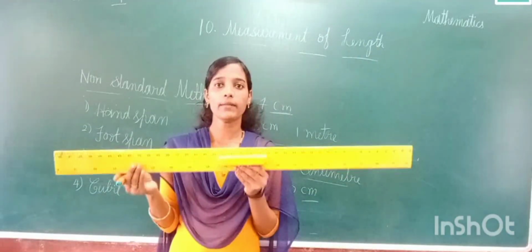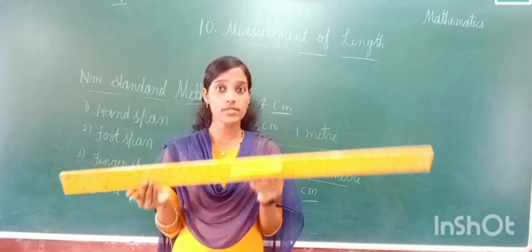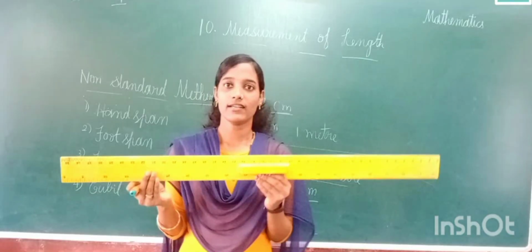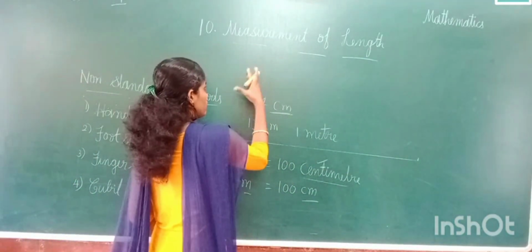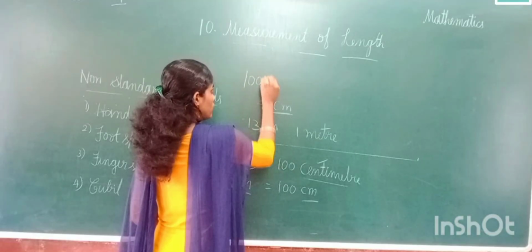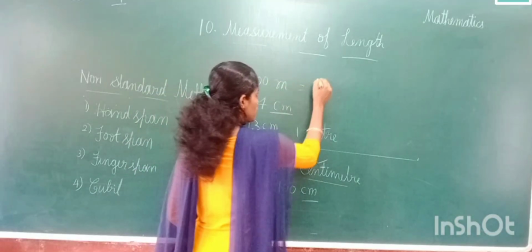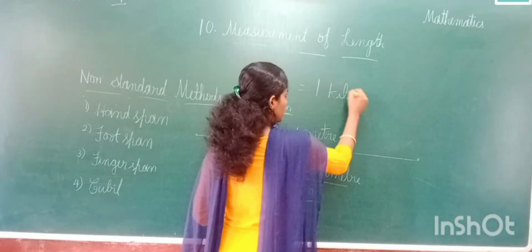So this is 1 meter scale. If there is 1000 meters, that is equal to 1 kilometer. 1000 meter is equal to 1 kilometer.